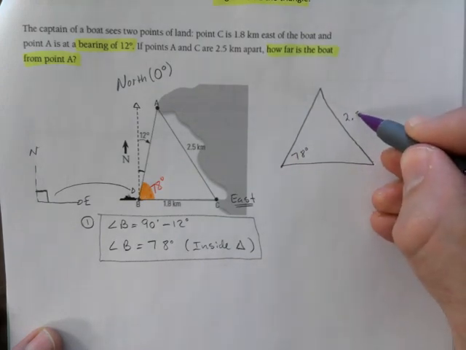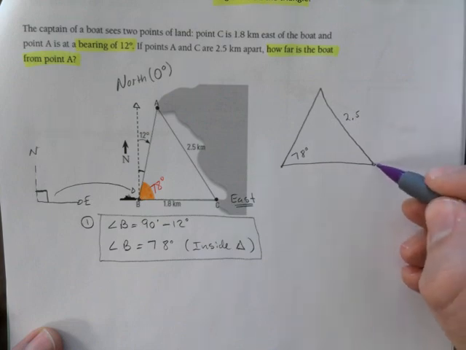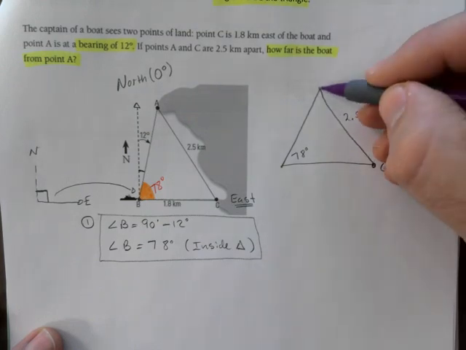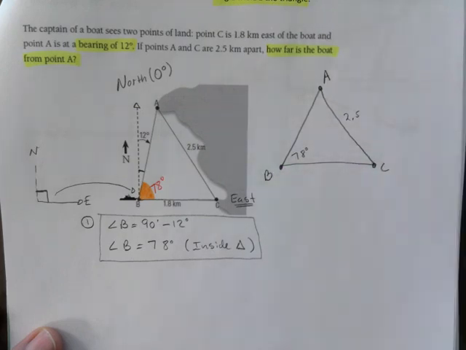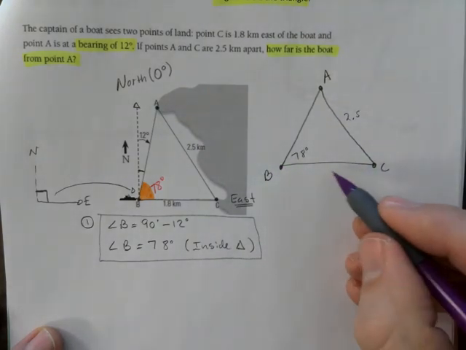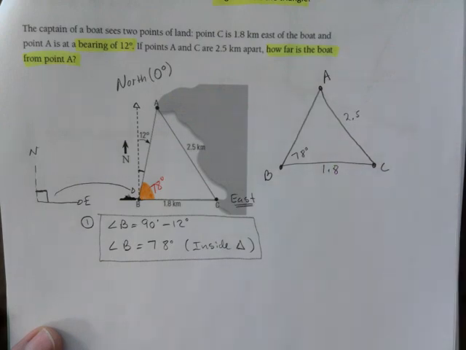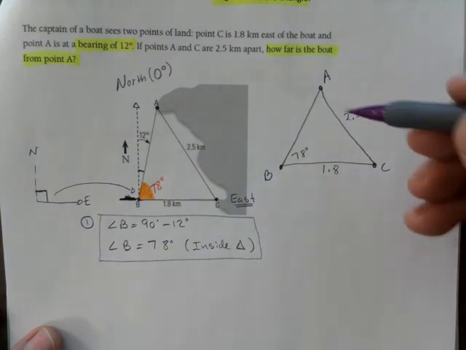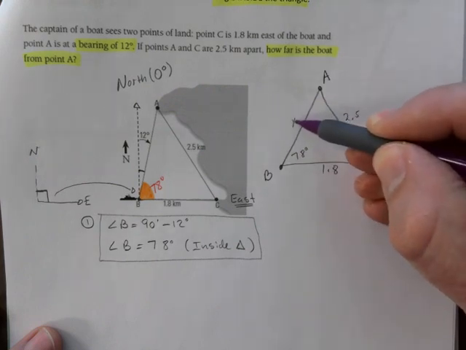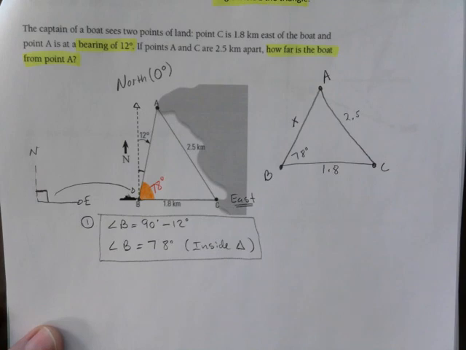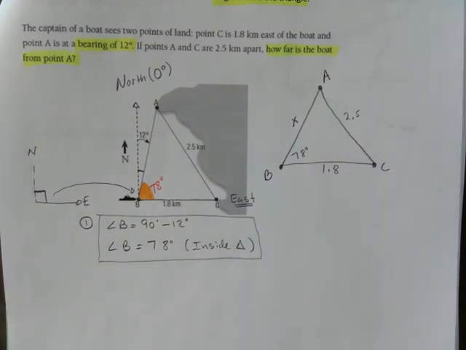We have the 2.5 here. This is point C. This is point A, and this is the boat, right? We know that this is 1.8. And the ultimate question is this side. This is what I call side X, right? That's the ultimate question. They want that.